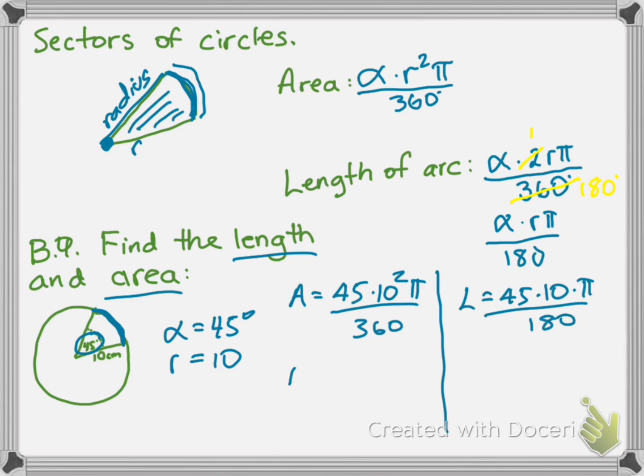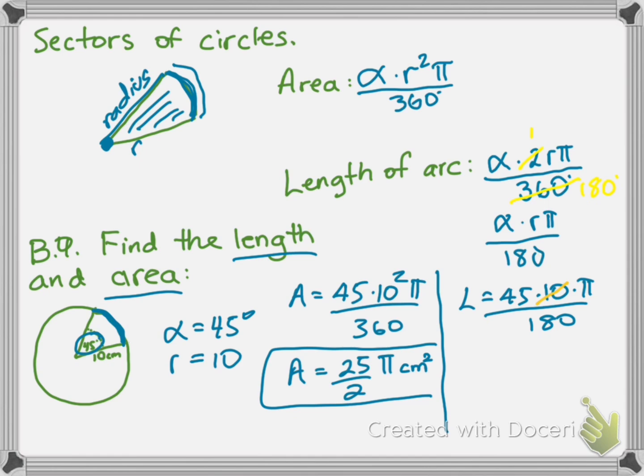So if we simplify that, we're going to get 25 halves pi. And again, this is area, so the area will be square centimeters. And then if we simplify this other one, notice how we can, even before we multiply, we can simplify some of these numbers.